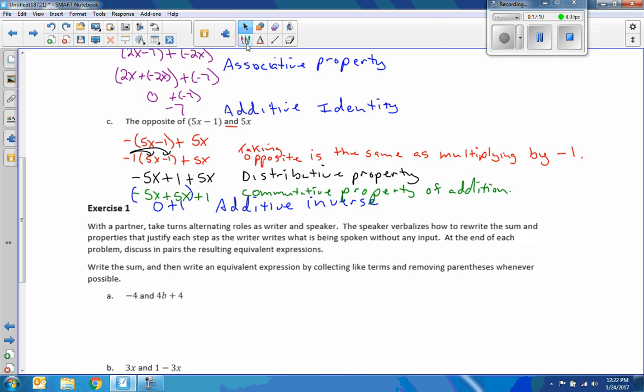And then finally, 0 plus 1 is 1. And that is the additive identity. Adding 0, the additive identity, to any number gives you that number back. Okay?